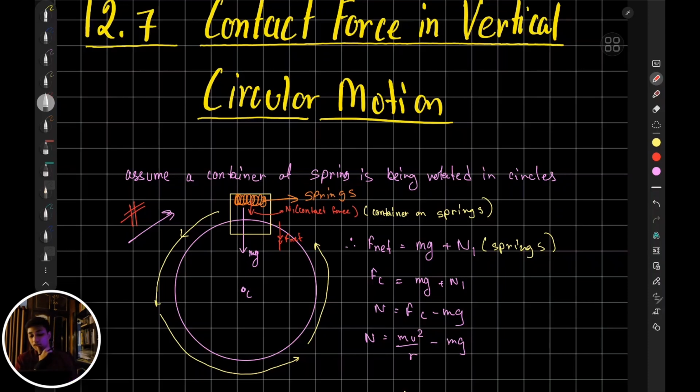Fair enough. So if we write down the equation for the springs only, the F net or the resultant force will be given by the weight which is acting downwards, that is the weight of the springs, not the container, plus the contact force.